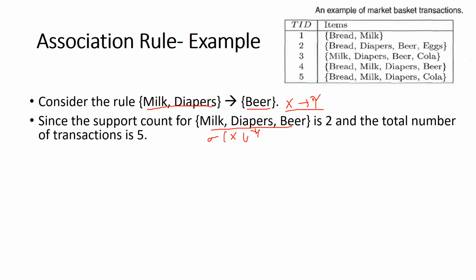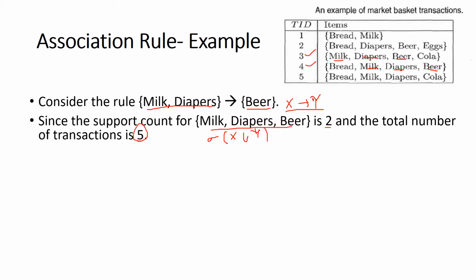The support count of X union Y is, as we can see in the example, transaction 3 has milk, diaper, beer, and also transaction 4 has milk, diaper, and beer. So the support count for milk, diaper, beer is 2, and the total number of transactions is 5, as we already know.